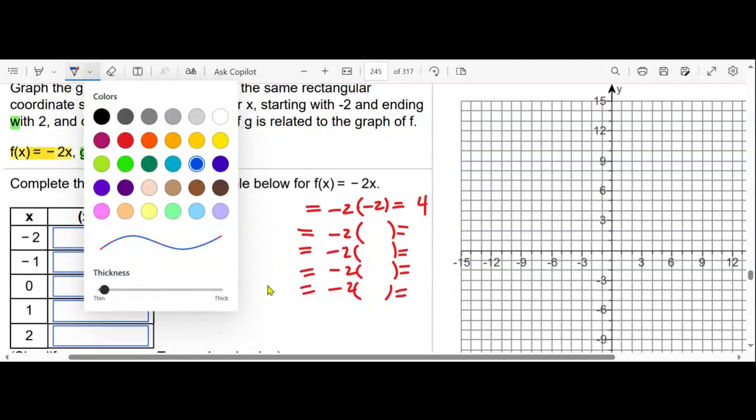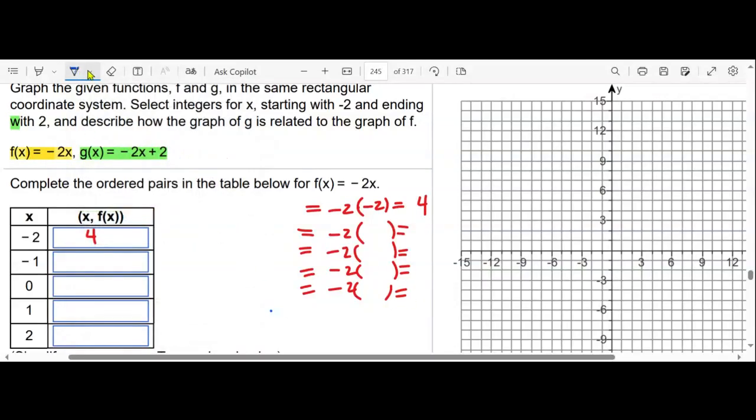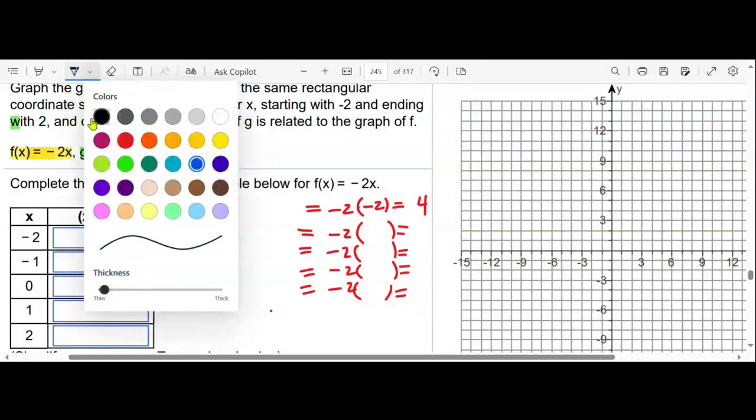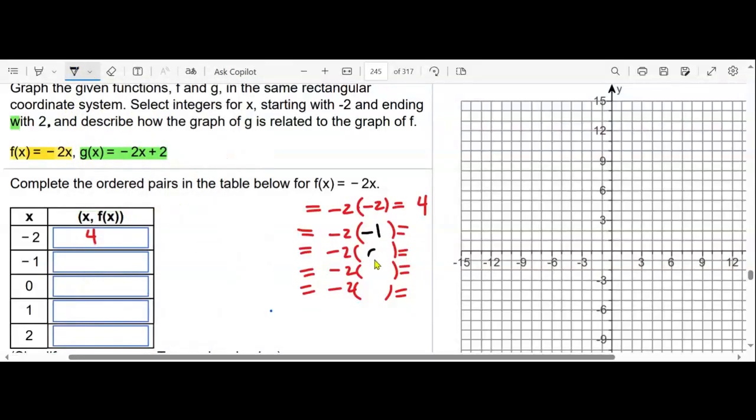So let's make the changes here. It's -2, and here is going to be -1, 0, 1, and 2. If it's -1, how much? 2. 0, 0. 1, -2. So you put the answers here: 4, 2, 0, -2, -4. Is this clear?